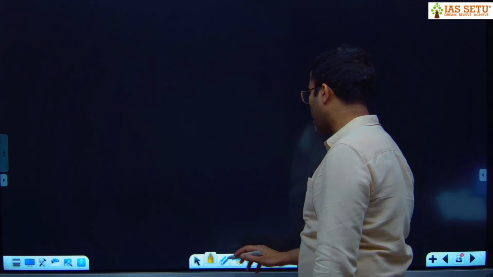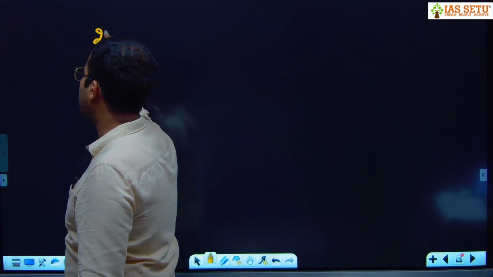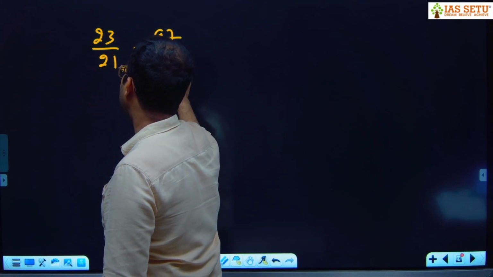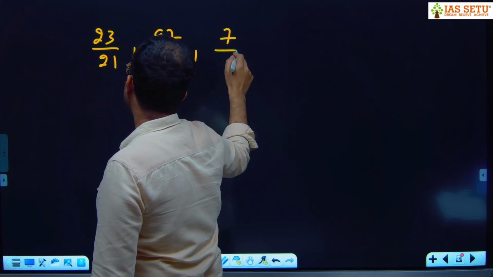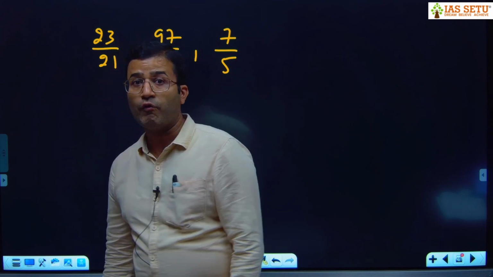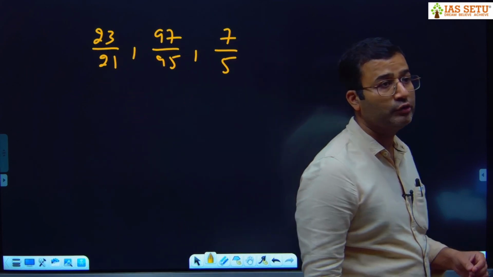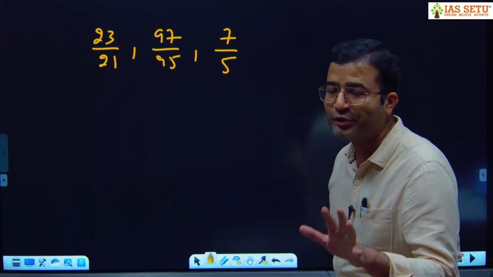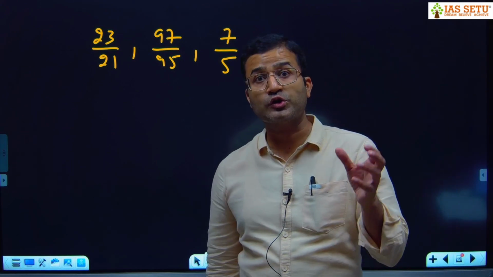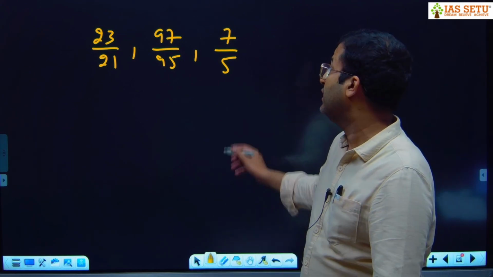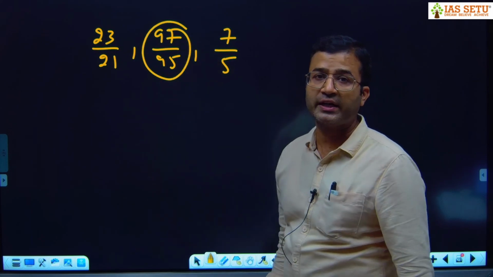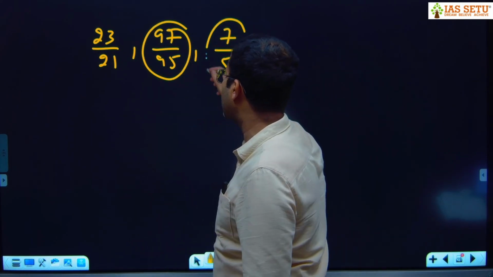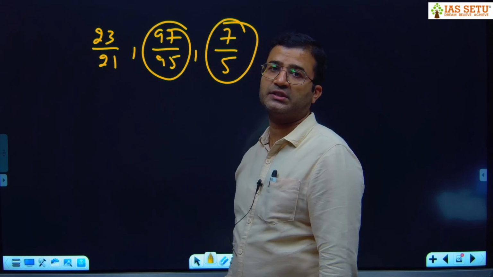See, I ask you a question: 23 upon 21, 97 upon 95, 7 upon 5. Your mind will tell you that 97 upon 95 is the largest, but you have to be careful because of improper fractions. This 97 upon 95 is the smallest, whereas 7 by 5 is the largest.